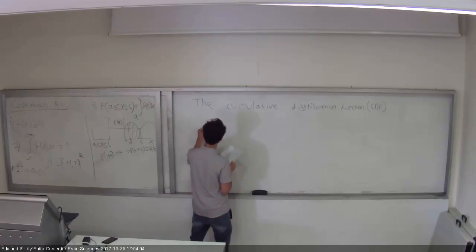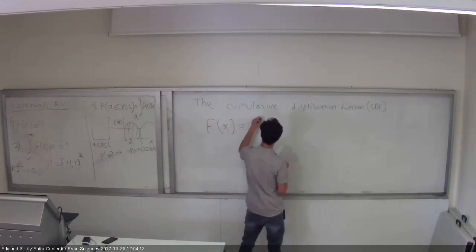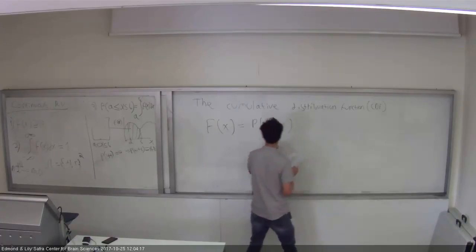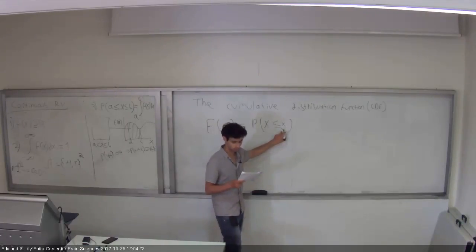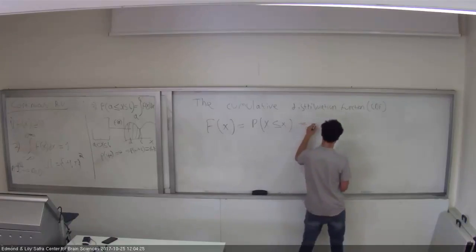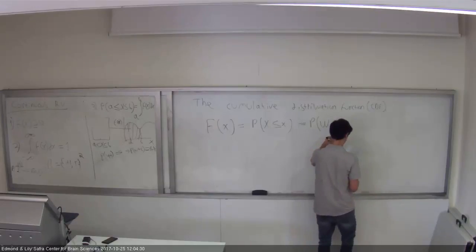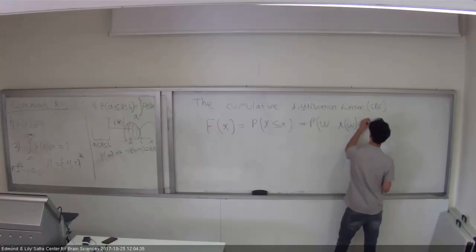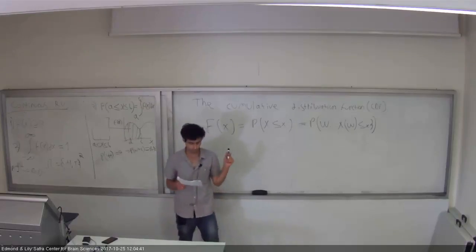So F of x, this is big F, is equal to the probability of all the events of X that are not bigger than small x. And this is also equal to all the elementary events that are smaller than x. Okay, so this is the definition.